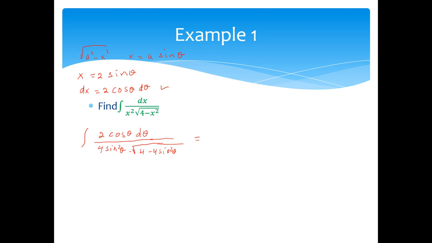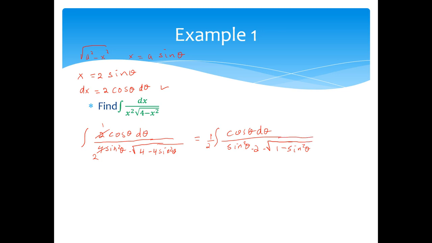Then I can simplify. 2 divided by 4 is 1/2, so I have 1/2 outside, cosine theta d theta divided by sine squared theta. Then we take out the 4, so it becomes 2 times the radical of 1 minus sine squared theta.